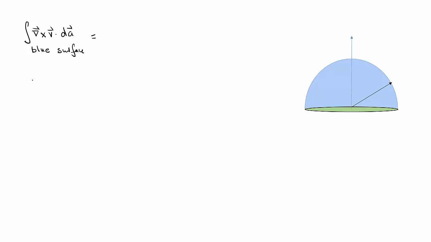Let's recall in the spherical coordinate system, the differential line element is given by dr e_r plus r d theta e_theta plus r sine theta d phi e_phi.